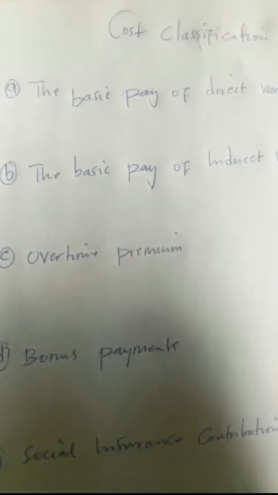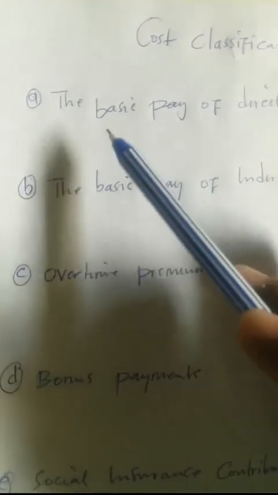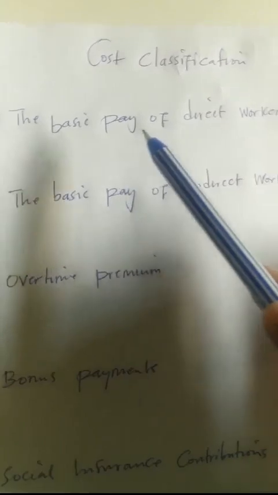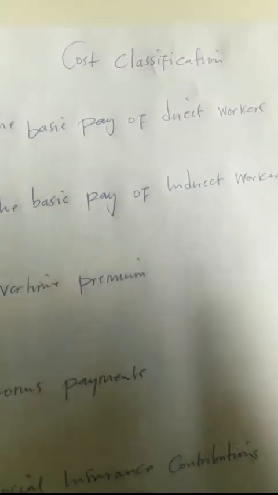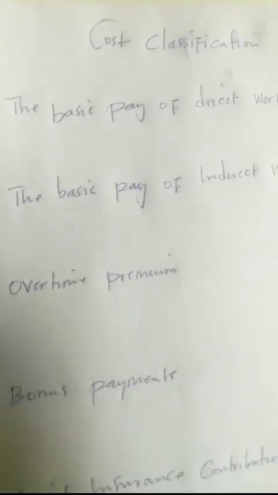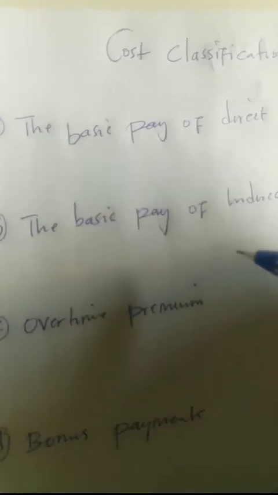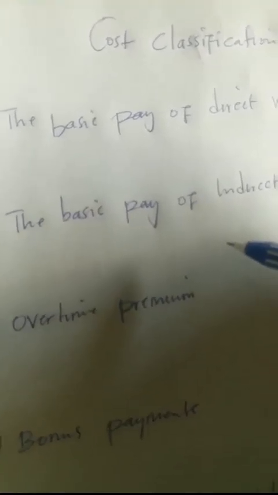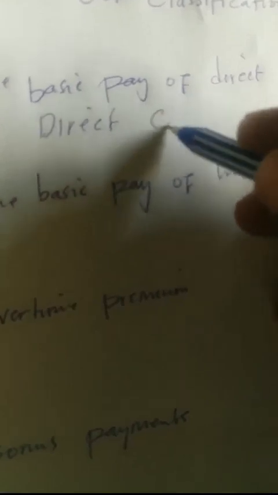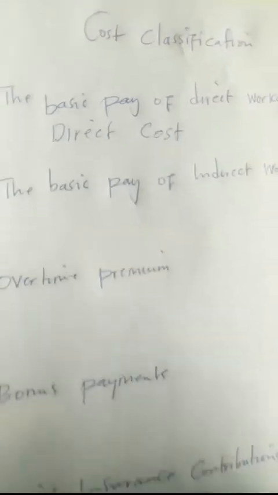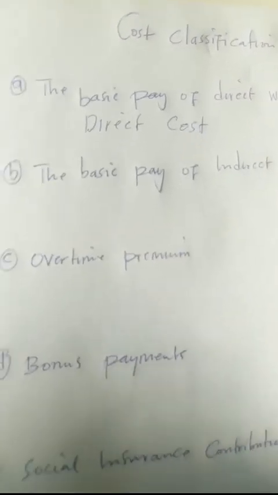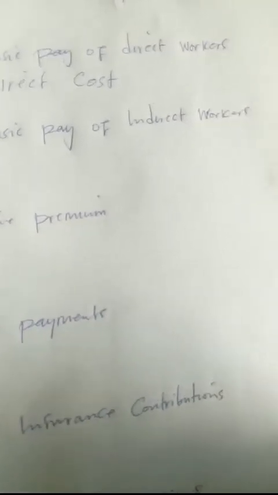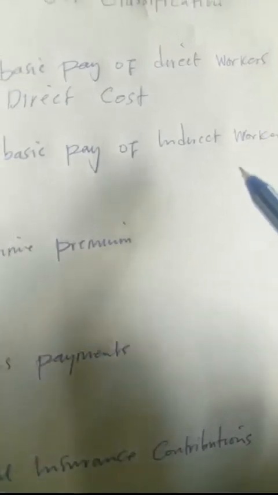Okay, so my number A, I have the basic pay of direct workers. What type of cost is this one? This one is a direct cost, okay? Then the next one is the basic pay of indirect workers.